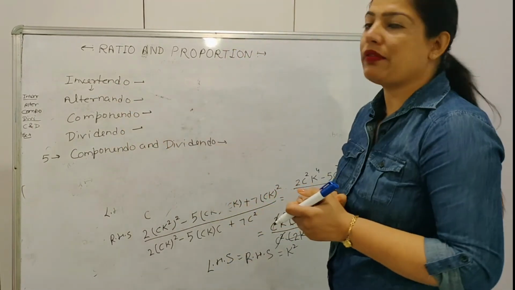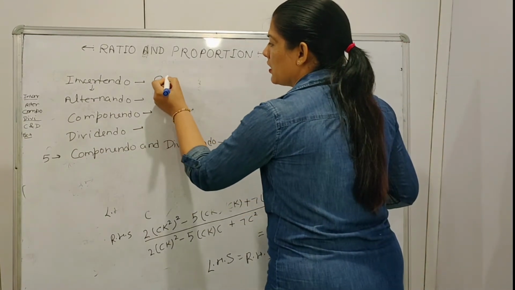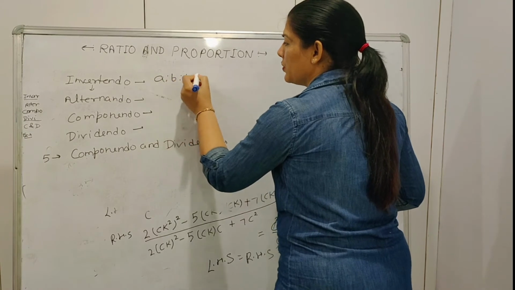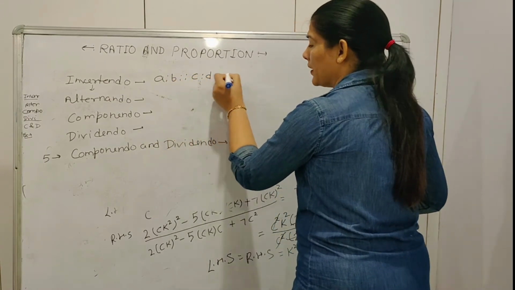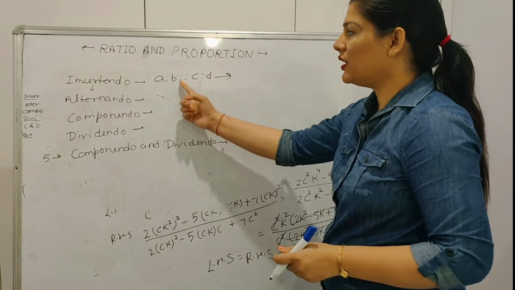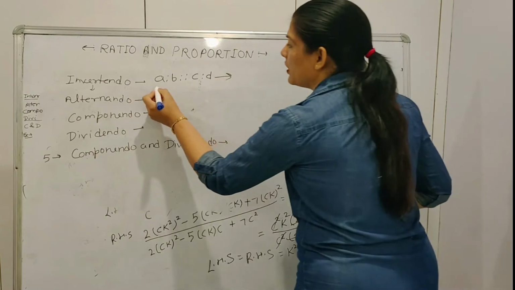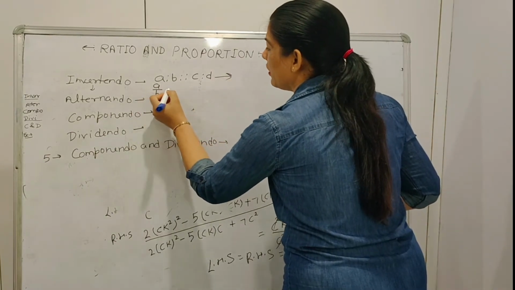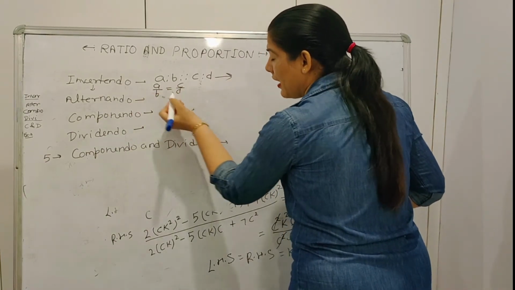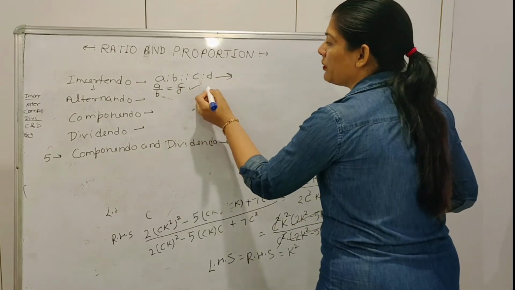Basically, if I have two ratios in proportion, suppose I have A is to B is proportional to C is to D, then what is the invertendo of these? If you do the invert of them, suppose it is given A is to B is equals to C by D, then what will be true?